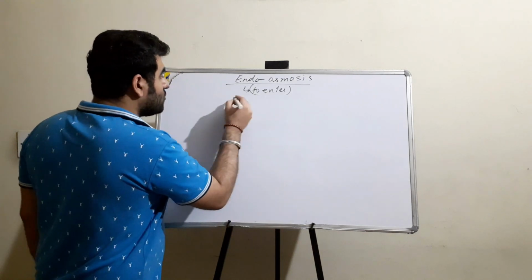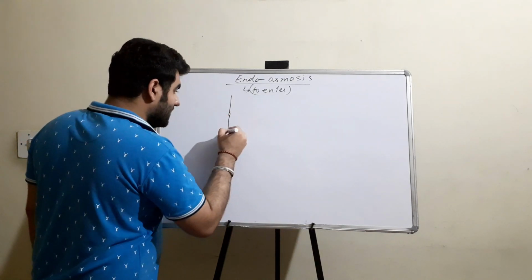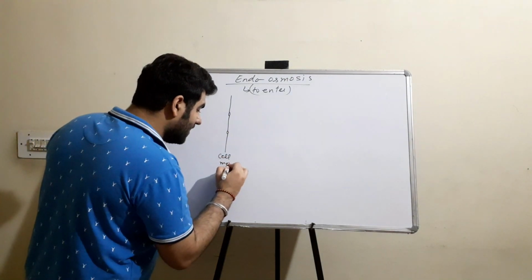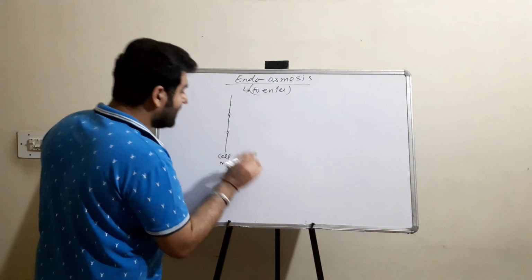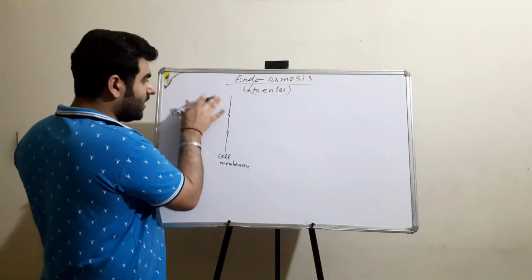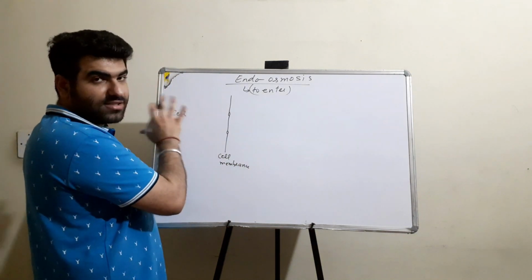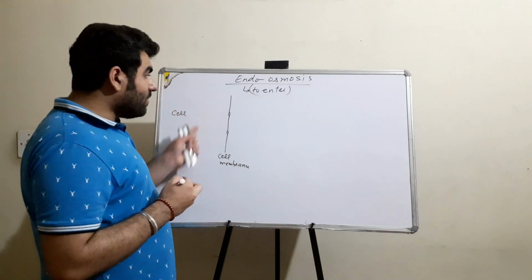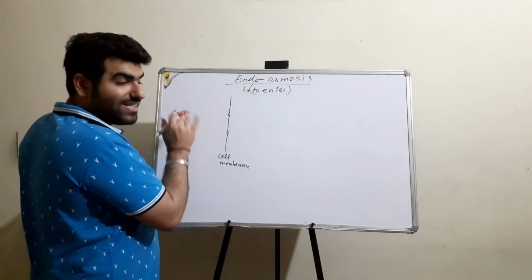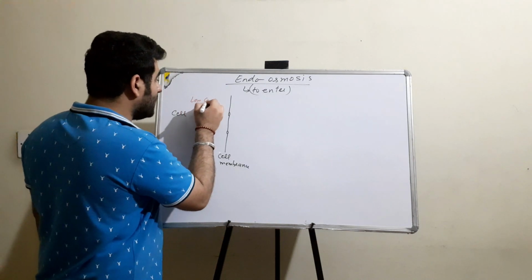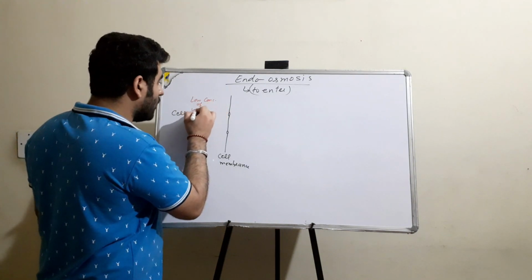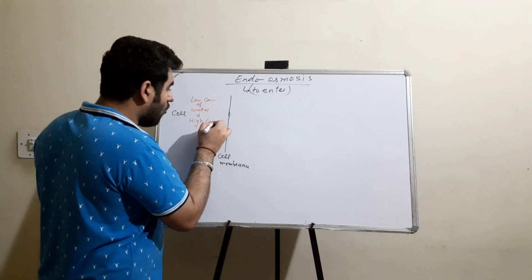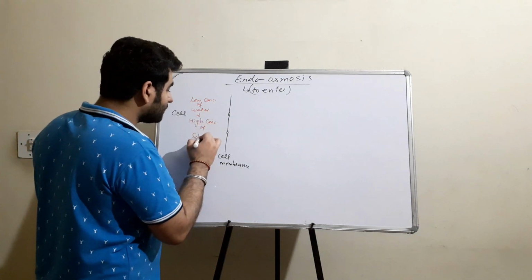So this is the cell membrane again, and over here is the cell. It means cytoplasm, nucleus, all the things or vacuole are over here. Let me assume that this side has a low concentration of water and high concentration of solute.